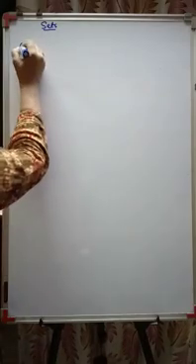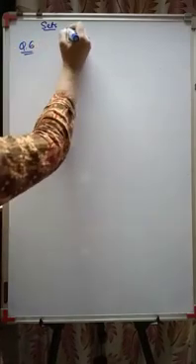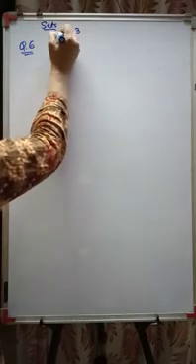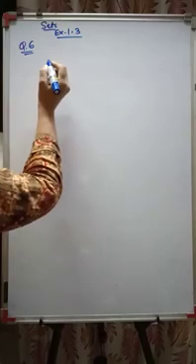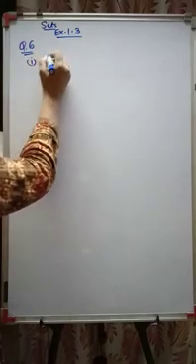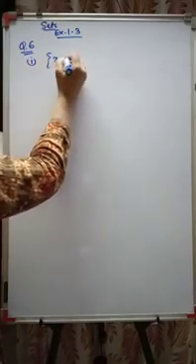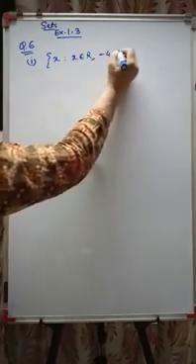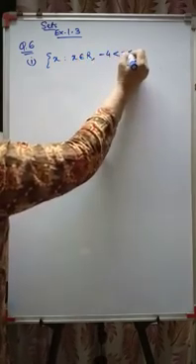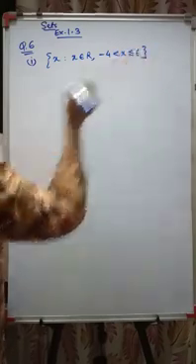Now here we will do one example from the exercise, question number 6 of 1.3. Write the following as intervals. My first question is x such that x belongs to R, -4 is less than x is less than or equal to 6.